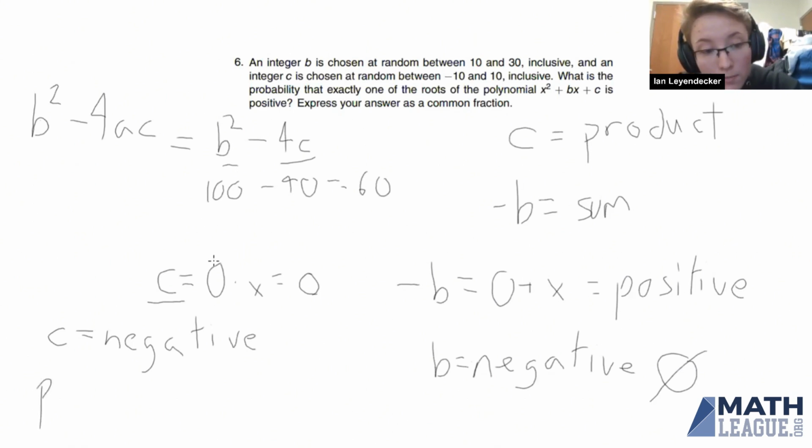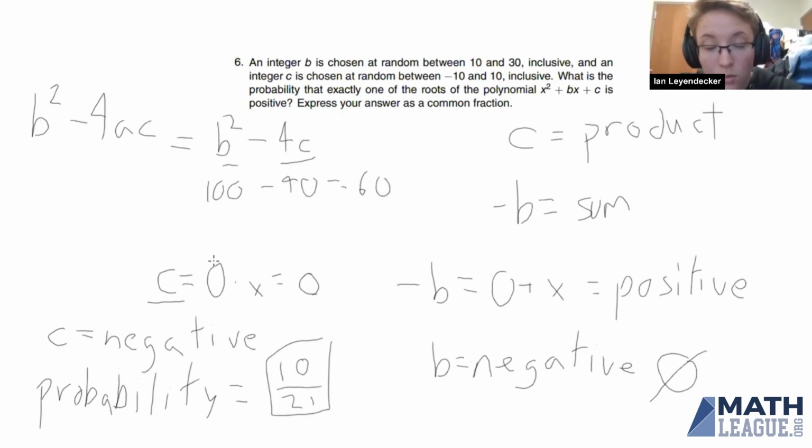So the probability is those 10 cases over 21, which is our solution.